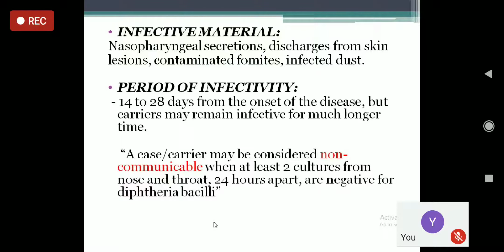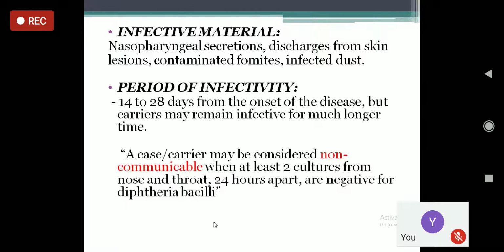A case or carrier may be considered non-communicable when at least two cultures from the nose and throat, taken 24 hours apart, are negative. One sample should be taken from the nose and sent for culture, and after 24 hours, another sample from the throat should be collected and sent for culture.